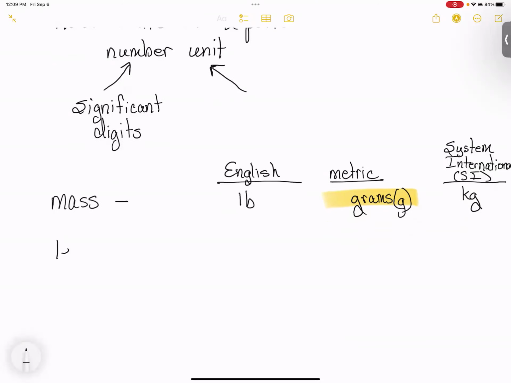The next unit that we will talk about is length. A unit of length that a lot of people are familiar with is inches or feet. The System International unit is that of the meter, and so is the metric.